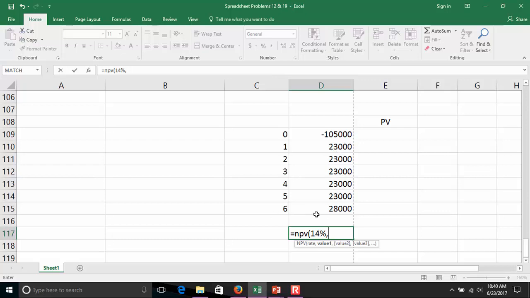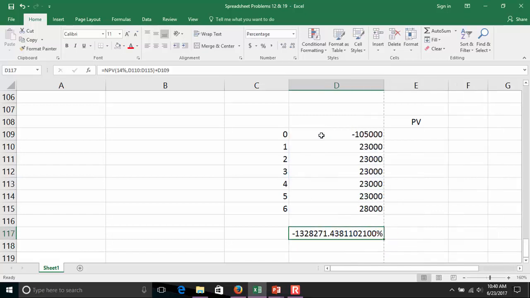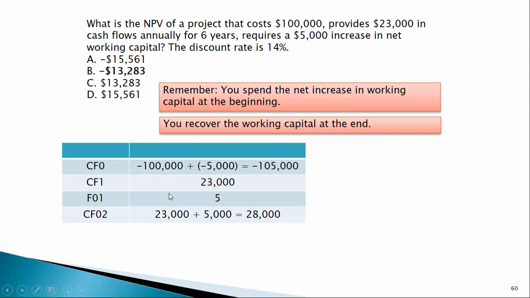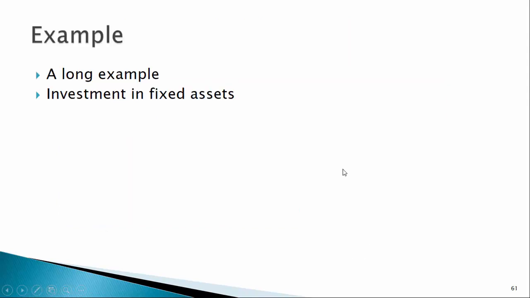Remember, the last cash flow is 28,000. So I would have those and subtract that off, and that's minus 13,282. And there's the answer there, B. Minus 13,282. So there's a good problem to work through with those cash flows. And I've got them worked out here, what you would put in the cash flow button to solve that. Okay, I'll pick up here with the next recording with a long example that has more net working capital details.